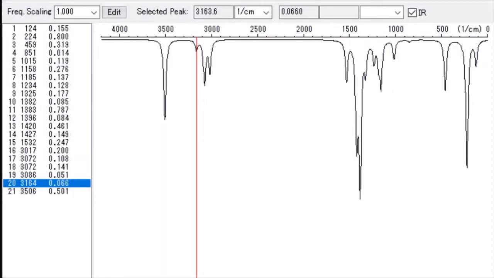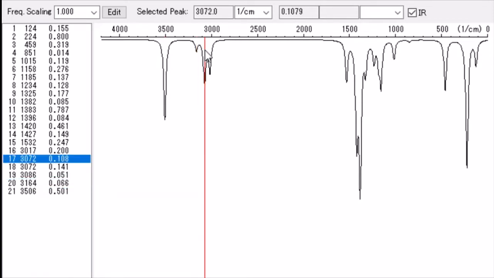Let us see the next peak. You can see here this peak. Let us see the adjacent peak here. As I said earlier, please forget about this frequency, because it is a simulated spectrum. We will not get the exact frequency as the experimental values.